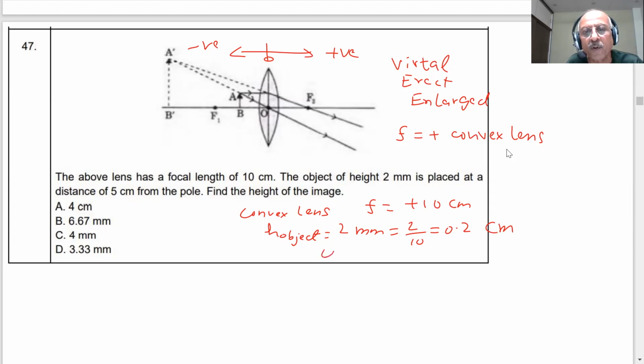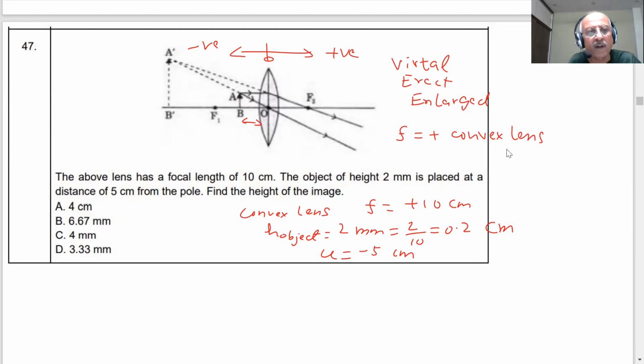That means U, the distance of the object from the pole, is 5 centimeters. U is always negative for both lenses, since you are measuring towards the negative side. So U is minus 5 centimeters. Find the height of the image.